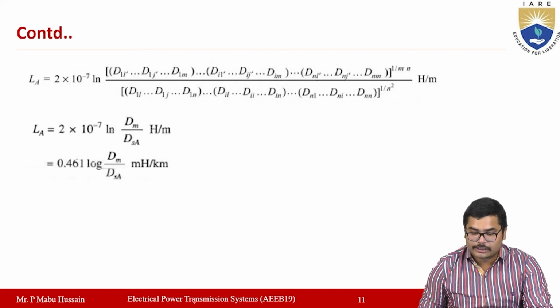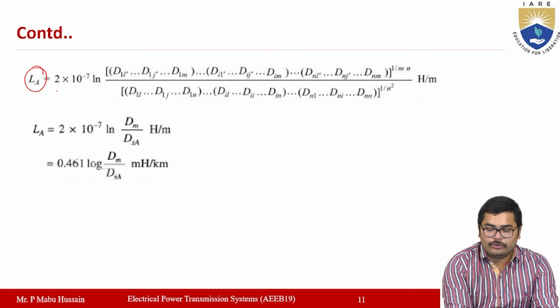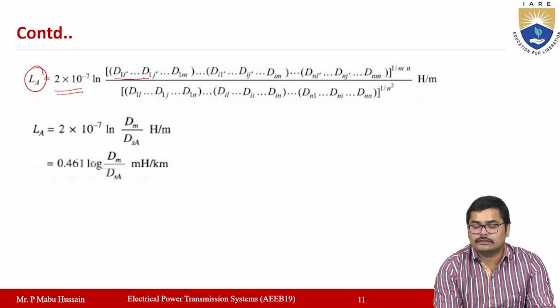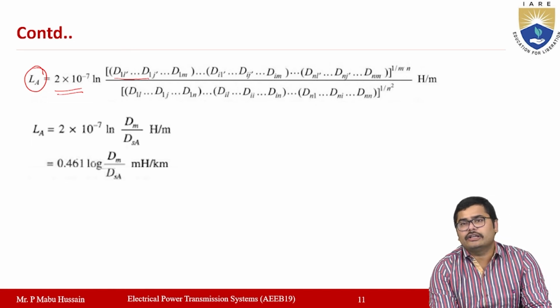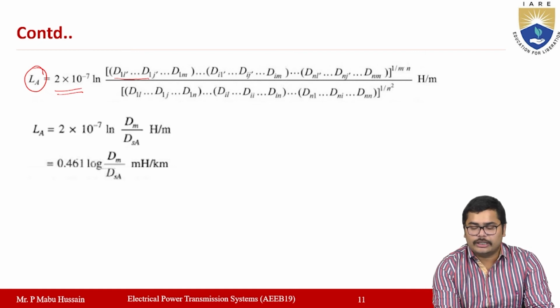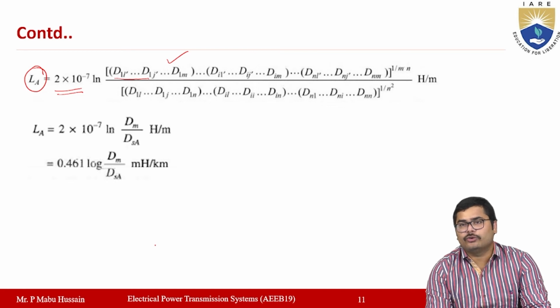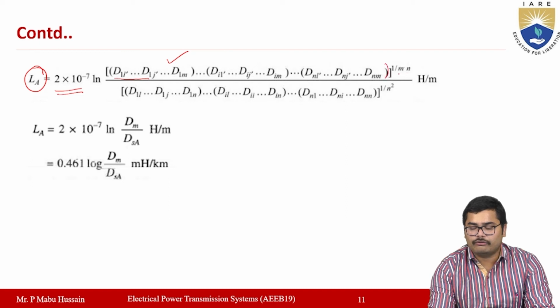So then the final equation for the inductance of composite conductor A you can write as 2 into 10 power minus 7 ln of the numerator, d1 1 dash, d1 2 dash, up to d1m; next, if you take the second conductor, d21 dash, d22 dash, up to d2m, and so on up to dn1 dash, dn2 dash, up to dnm, whole to the power of 1 by mn.